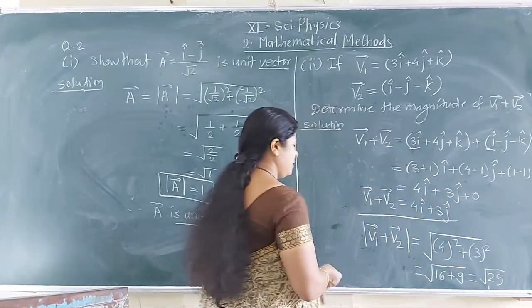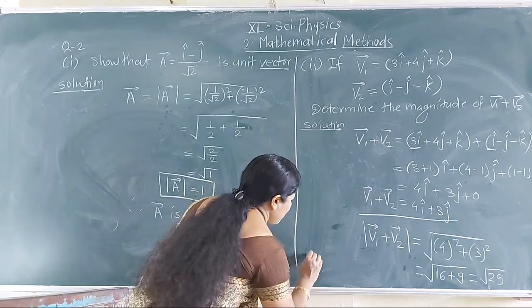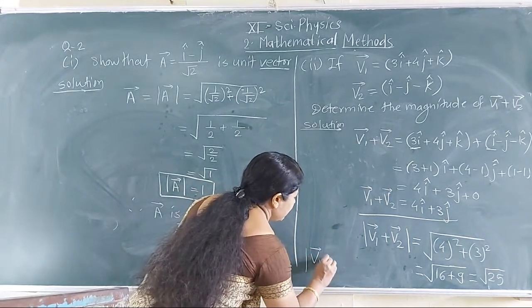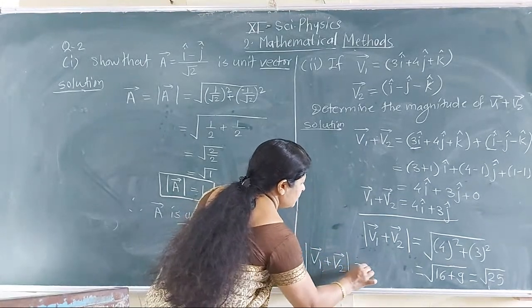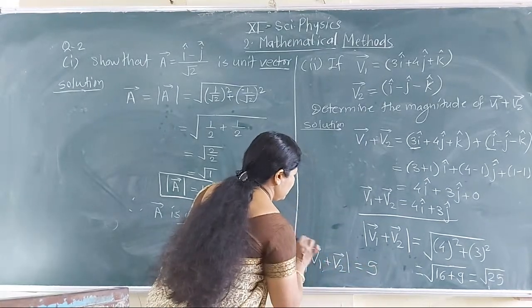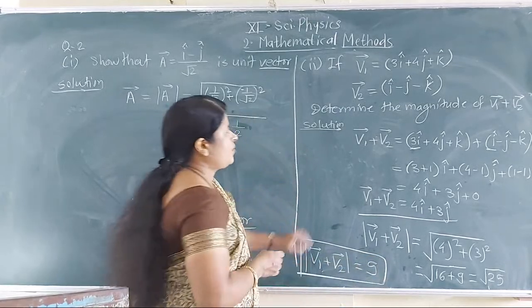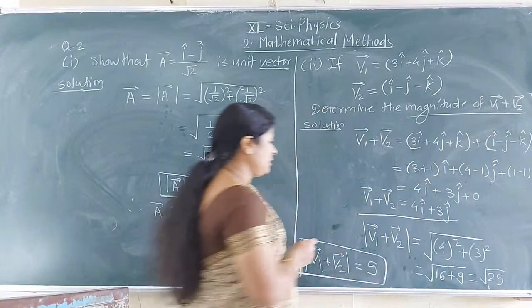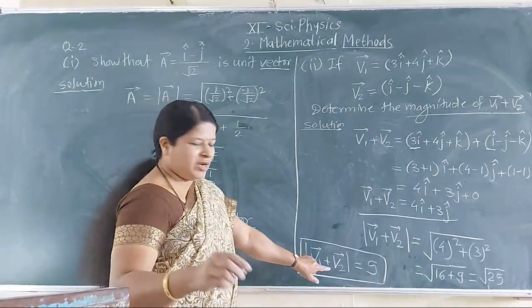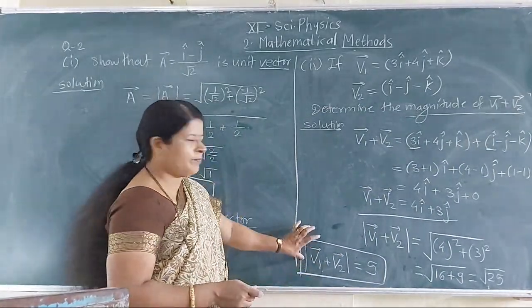So mod of vector V1 plus vector V2 is equal to 5. This is the magnitude, and we get the answer as 5.